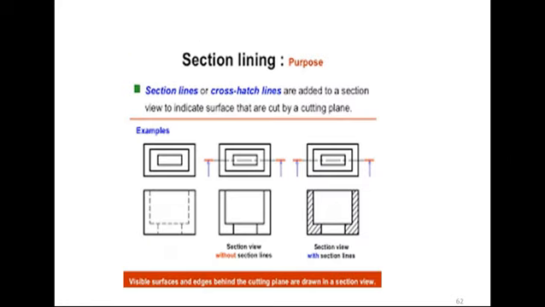Next, the section lining. Already we have learned about the full section view, half section view, removed section. Whenever we take a cutting plane, whatever area is cut, where our cutting plane actually touches the material, that material only we are going to hatch.